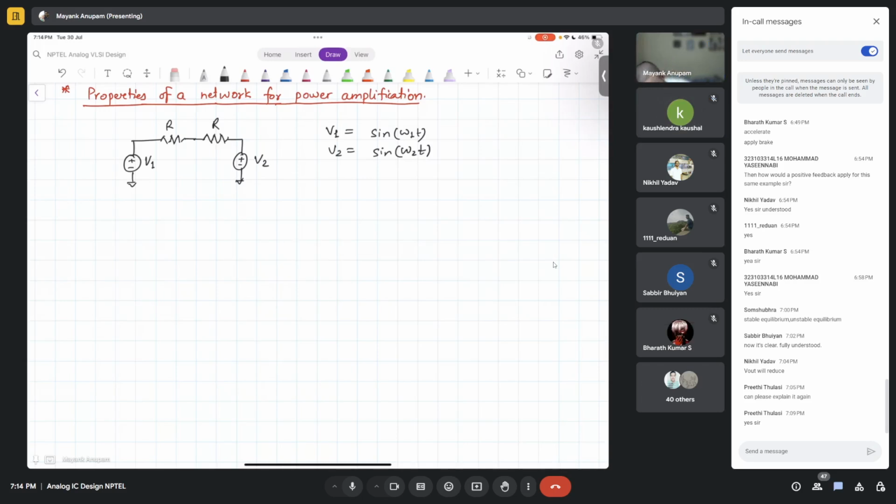So let's say you have these two voltage sources and omega 1 is not equal to omega 2. No need to have two resistors, you can have just one. What is the total power that is being consumed by our resistor here? How will you find the total power consumed by the resistor?